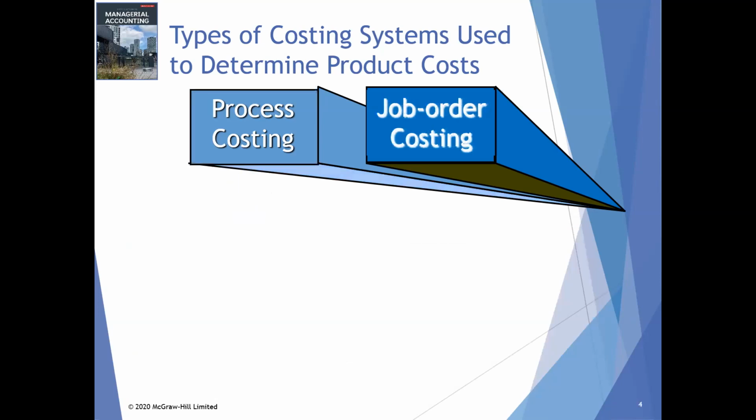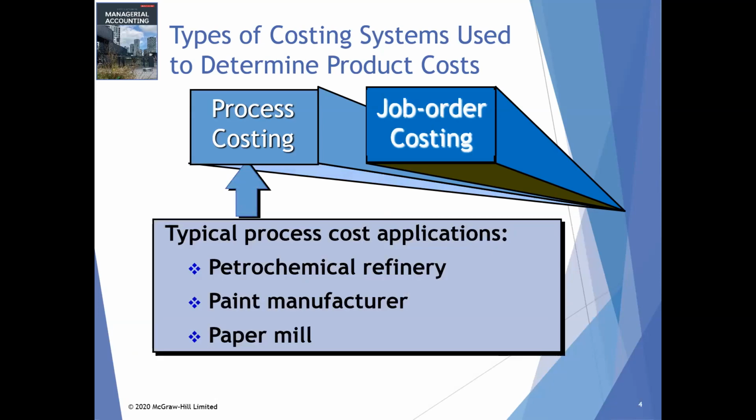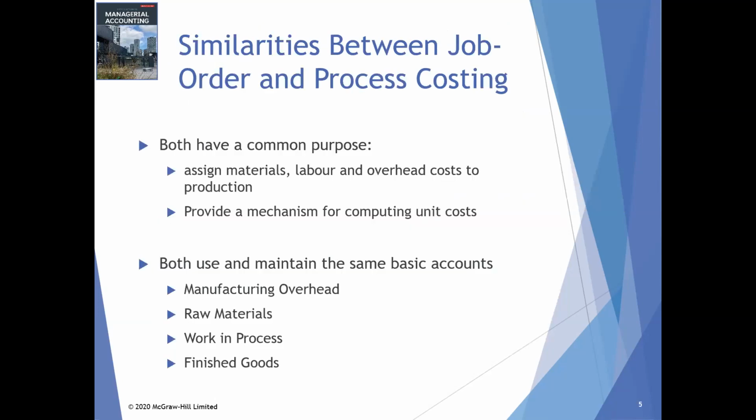Typical process costing applications are, for example, petrochemical refineries, petroleum, paint manufacturers, and paper mills. These are examples of process costing. The similarity between job order and process costing is that both have a common purpose.